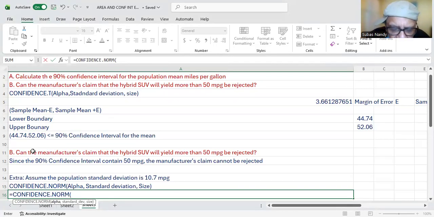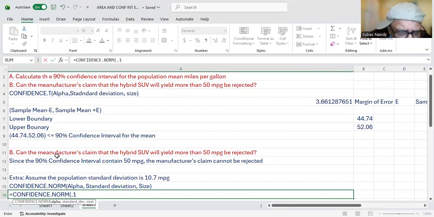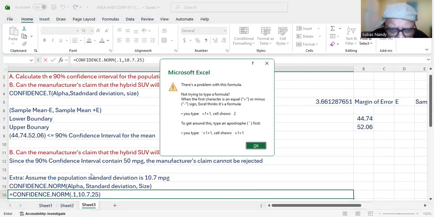My alpha is 0.1 because it's the complement of 0.9, 1 minus 0.9. Then comma, my standard deviation is 10.7, and sample size is still 25. This will give me the margin of error.